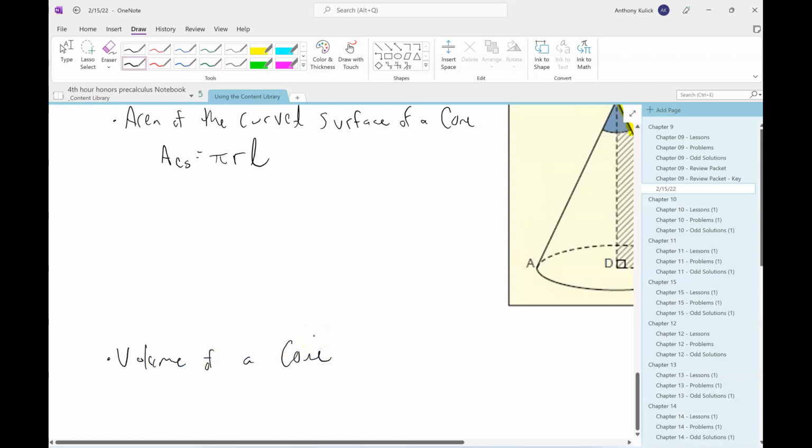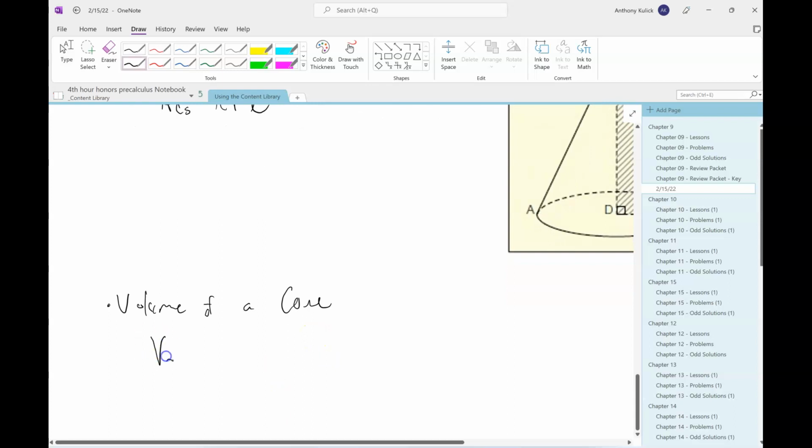Volume of a cone. Does anybody remember that? 1/3 pi r squared times the height. Yeah, I'm going to say area of the base times the height. So I use the capital letter B to represent the area of a base. And in a cone, that base is a circle, so it'd be pi r squared.